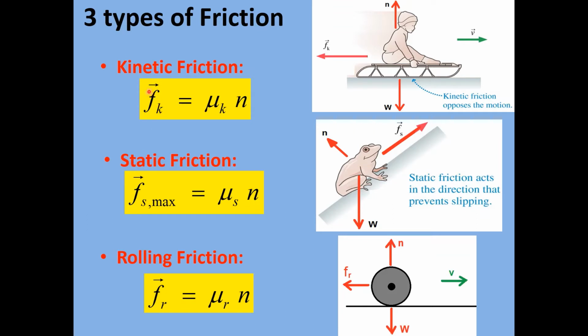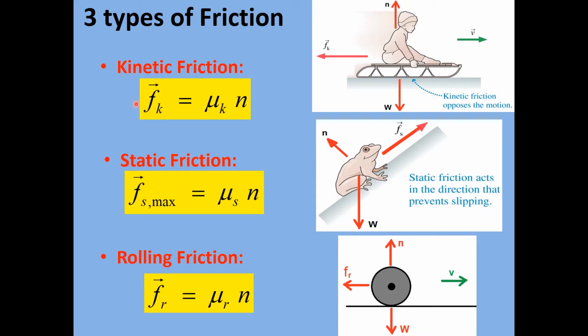So kinetic friction is friction due to motion when an object is slipping or sliding on a surface. The child on the slide here is sliding to the right. Therefore, there is a kinetic friction force pointing backwards, always in the opposite direction, due to the friction between the sled and the ice.